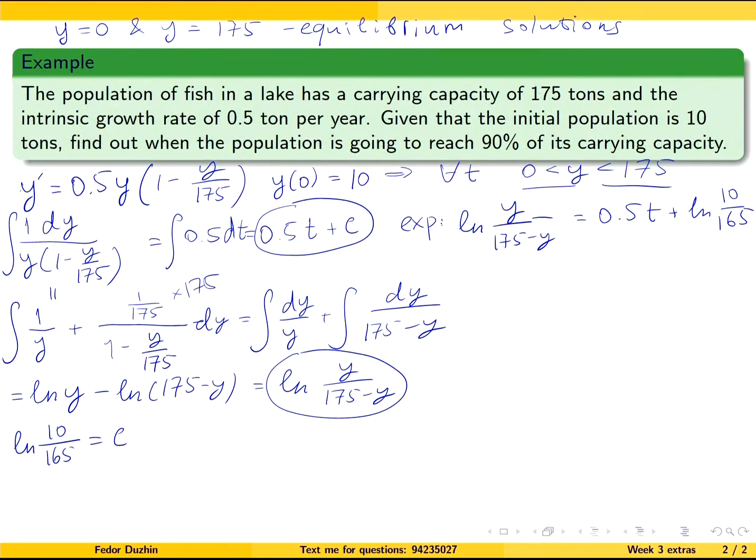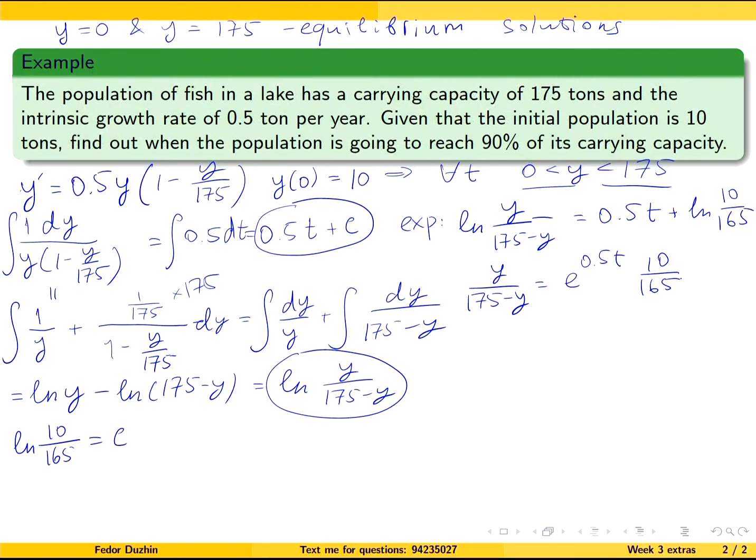The left hand side becomes e to the power ln of anything is that same expression, so it is y over 175 minus y equals e to the power 0.5t. Well, when we apply the exponential function, plus becomes times, and e to the power ln of something is just that something, so 10 over 165.